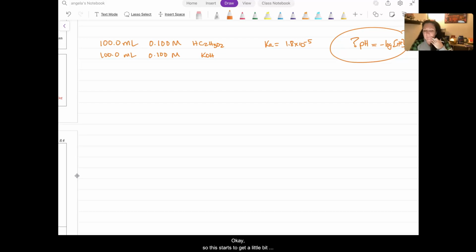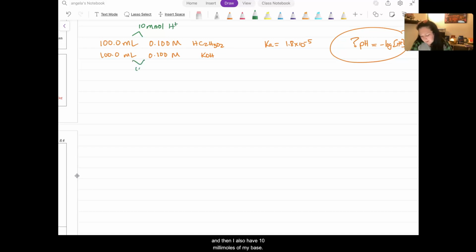Okay, so this starts to get a little bit tough because we're dealing with no excess, right? Because if I multiply these two together, 100 times 0.1 should be pretty easy. It's 10. I have 10 millimoles of my acid.